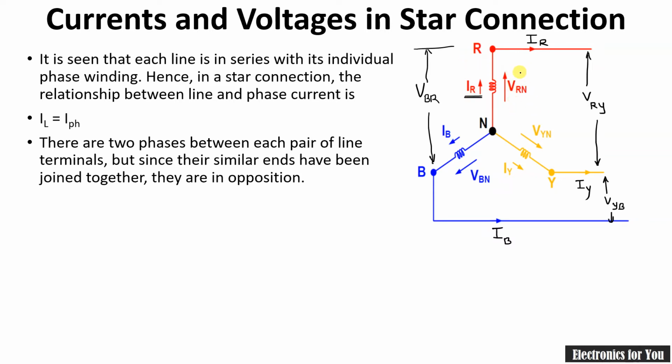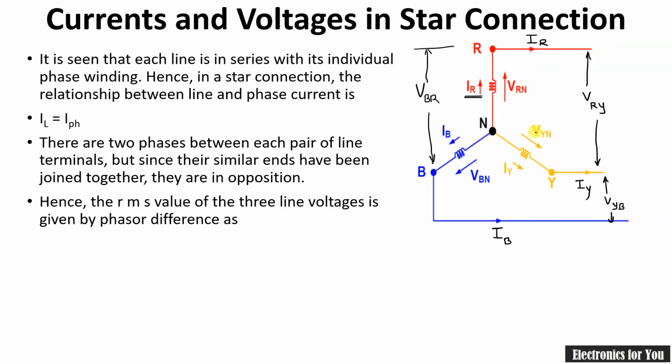In this case you can clearly observe that VRN and VYN are actually different, and if we apply KVL here, it will have some value. It can be seen by Kirchhoff's voltage law that VRY equals VRN minus VYN, because these are having two different directions.